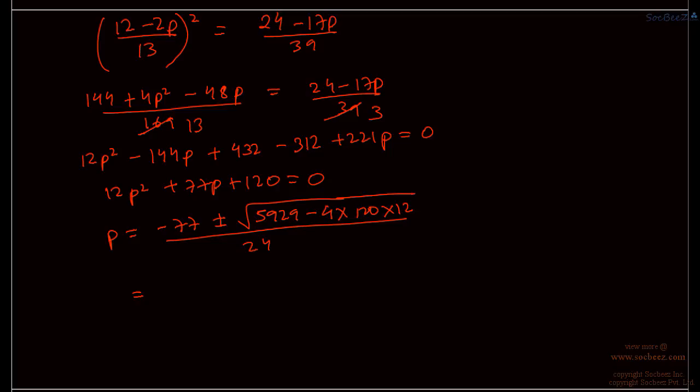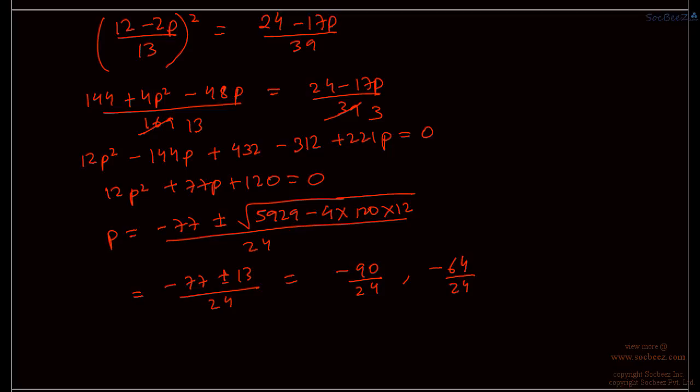Right? So this gives me minus 77 plus or minus, the discriminant is found to be 169, the root of which is 13. And so I have minus 77 minus 13 gives me minus 90 by 24, and the next one is minus 77 plus 13 or minus 64 by 24, right?